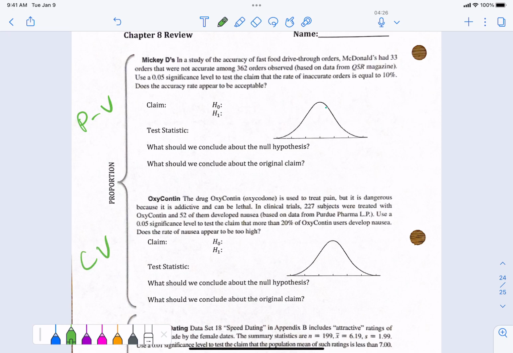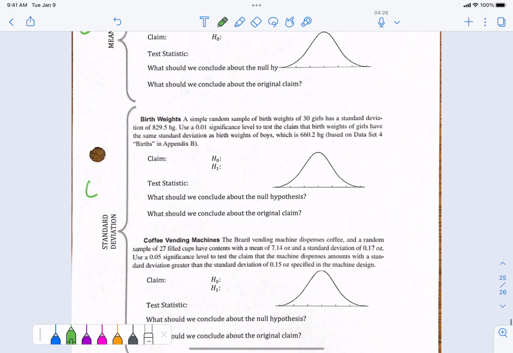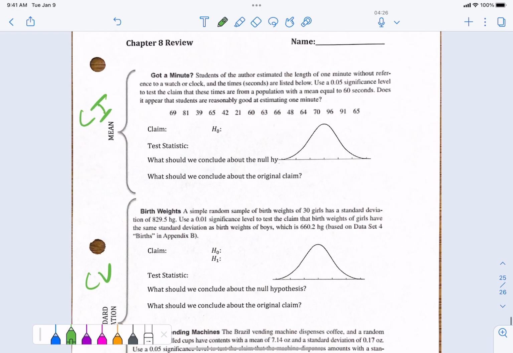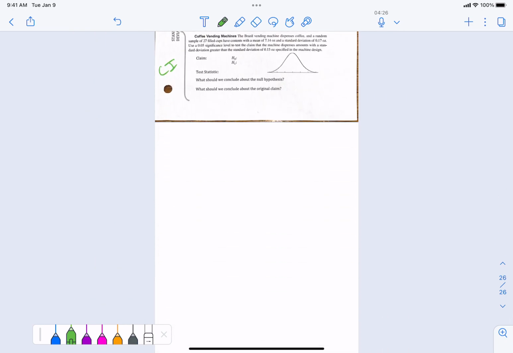For mean and standard deviation, I would do a critical value and a confidence interval. But for proportion, you only have 2, so you pick 2 out of the 3, whichever you want. I would do some different methods just to see how you know.